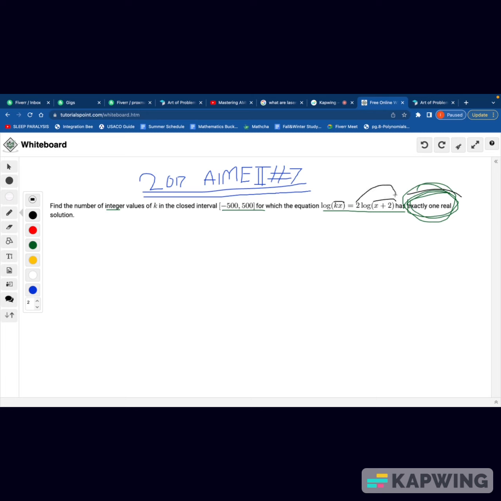If we move the 2 inside, we would get log of (x + 2) squared, which would always be positive. But we need x + 2 to be positive before putting the 2 inside, because otherwise that's invalid. And we need exactly one real solution too.